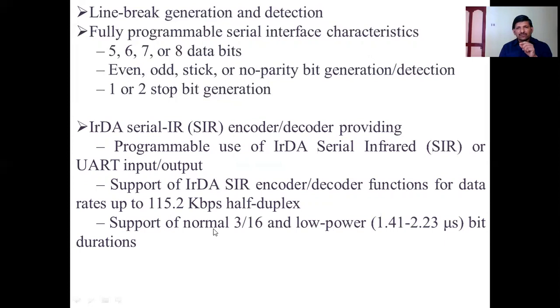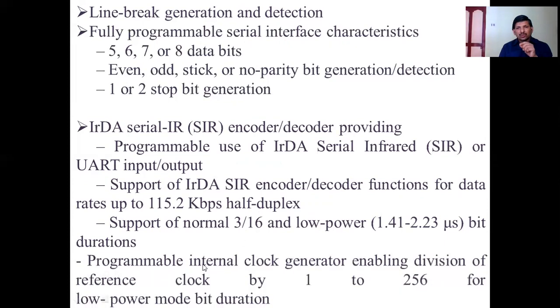It supports normal 3 by 16 or low power bit durations. It has a programmable internal clock generator enabling division of the reference clock by 1 to 256 for low power mode bit duration.